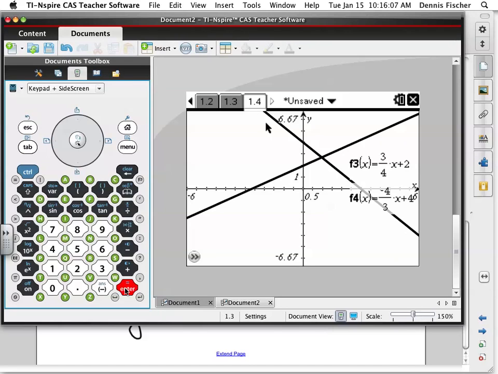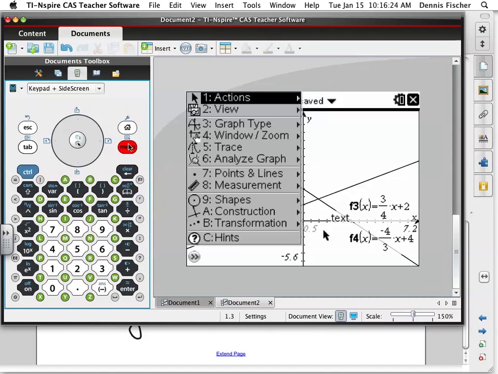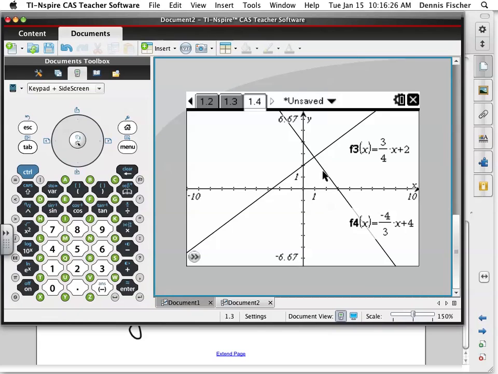If I had this on a test, it looks like that's not perpendicular, but if I look at the equations, they are perpendicular. You have to be careful with the scales on your calculator, because if your scales aren't exact, you have to make sure it's in the right form to see that it's perpendicular. Scales change a little bit.